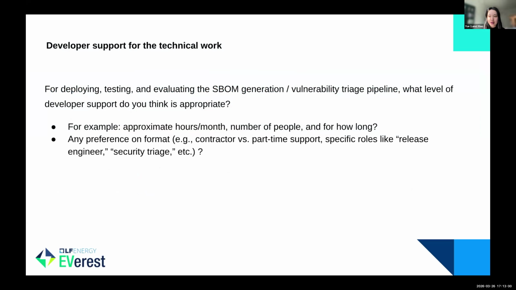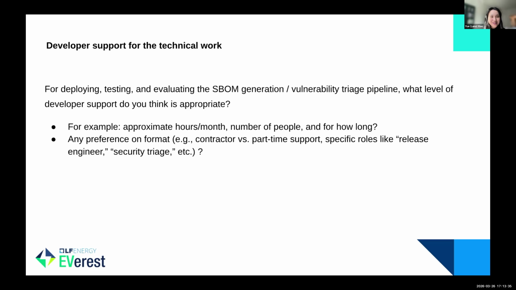We want to know how much budget we should allocate to the maintainers, and once we implement this pipeline, how many developer hours need to be budgeted to test or evaluate it. These developer hours can be directly budgeted from the NSF funding and directed to the projects themselves.